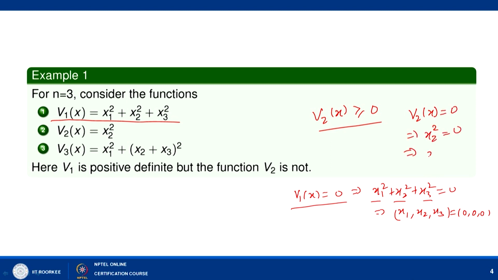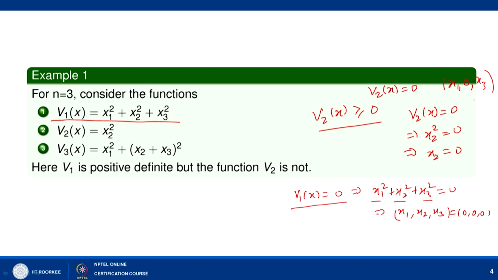So, this implies that x2 equal to 0, but it gives no condition on the other components x1 and x3. So, v2(x) will be 0 provided we have the structure (x1, 0, x3). So, on the x1-x3 plane where x2 is equal to 0, v2(x) may take the value 0.